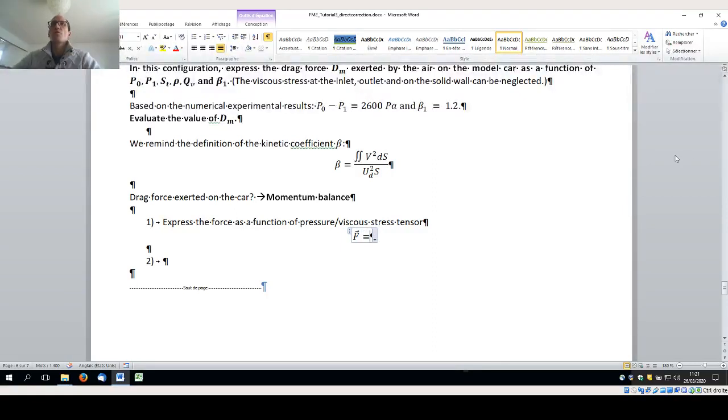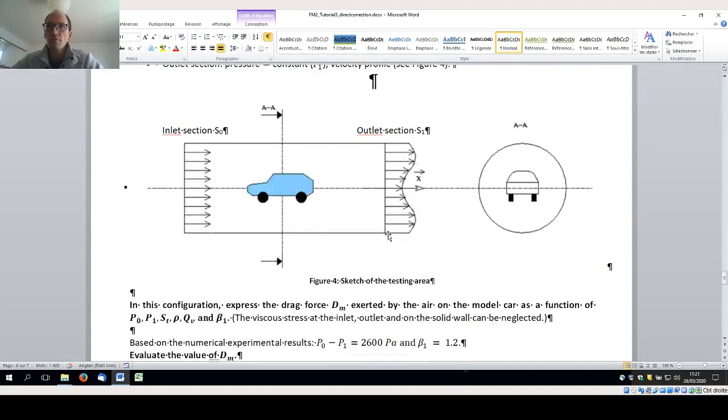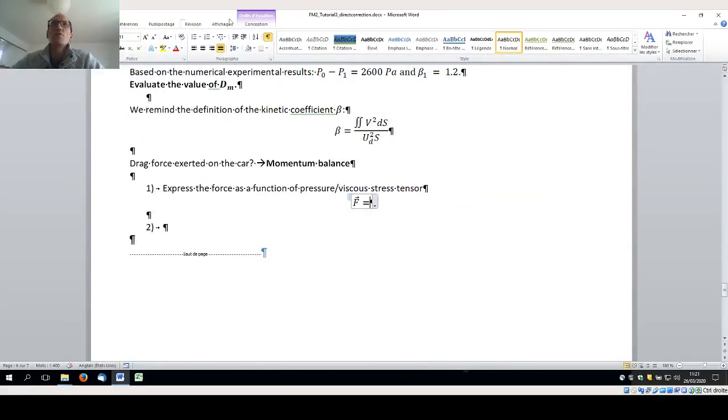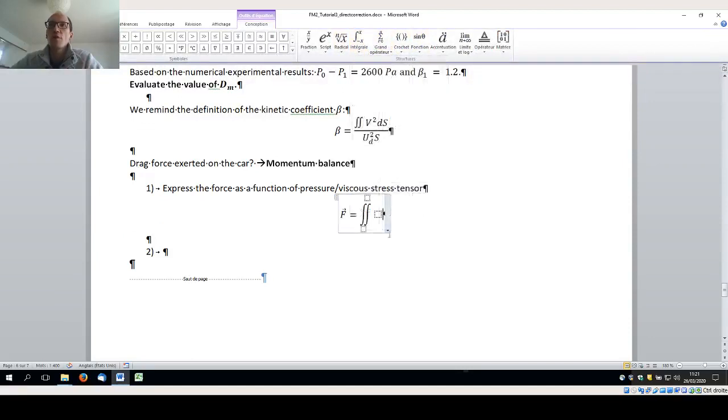In its general form, with the normal which is always exterior to the fluid, it's exactly what we have seen previously.